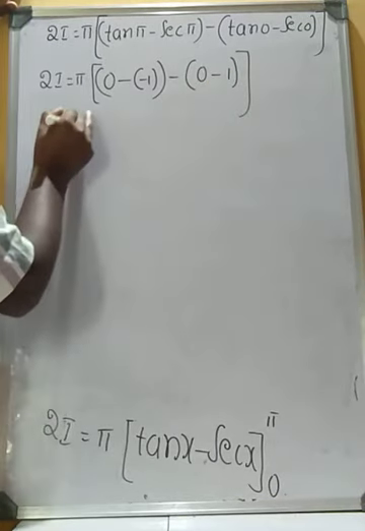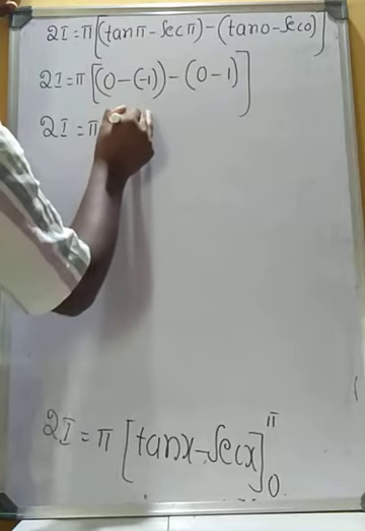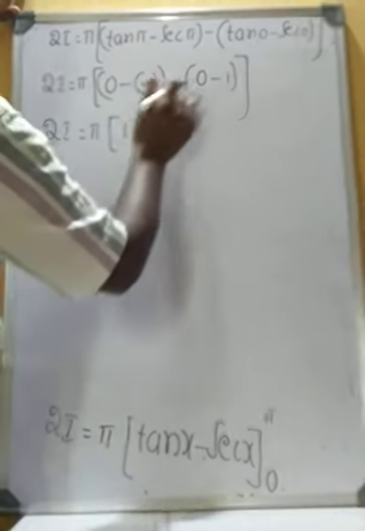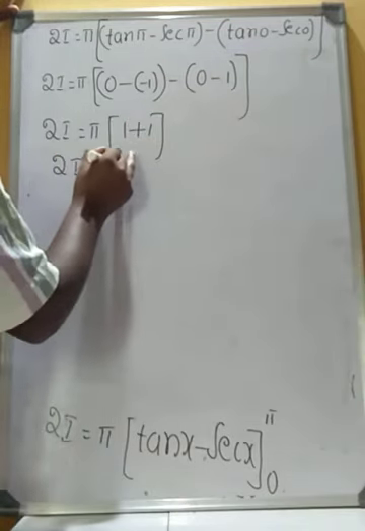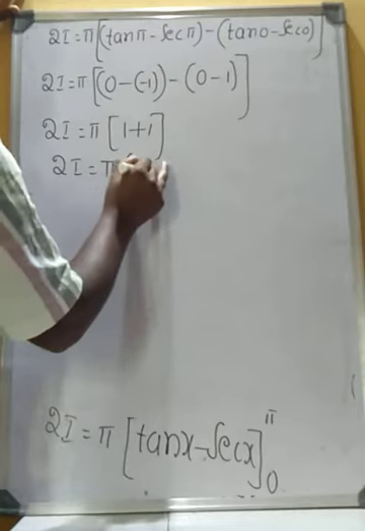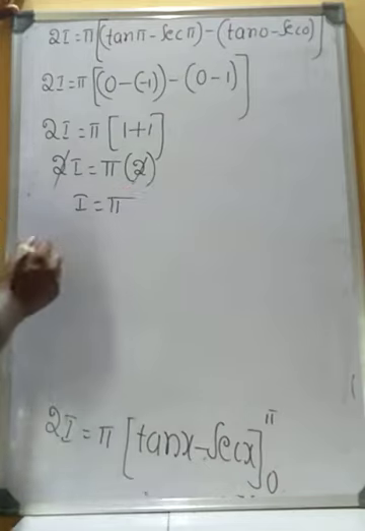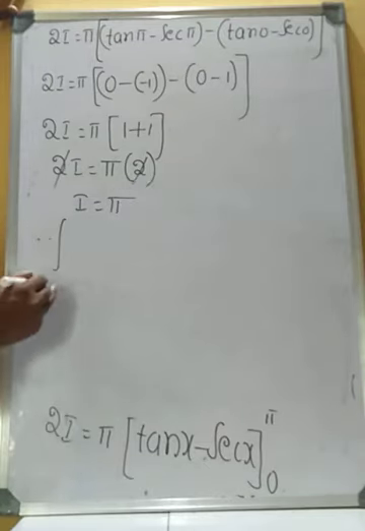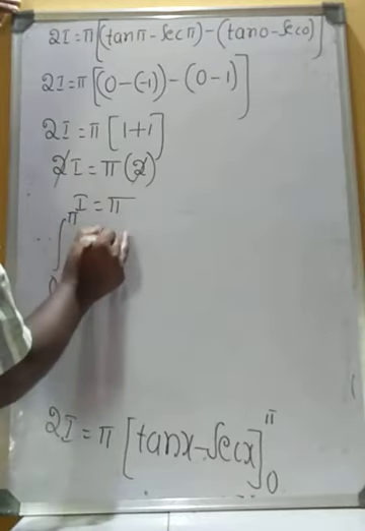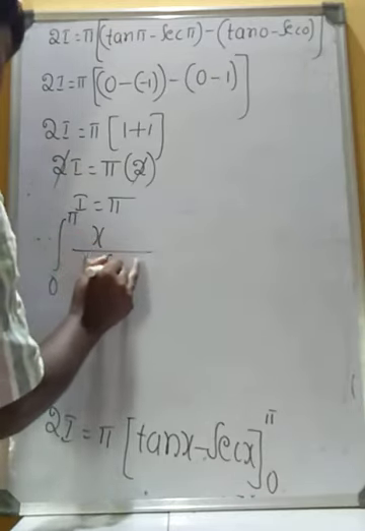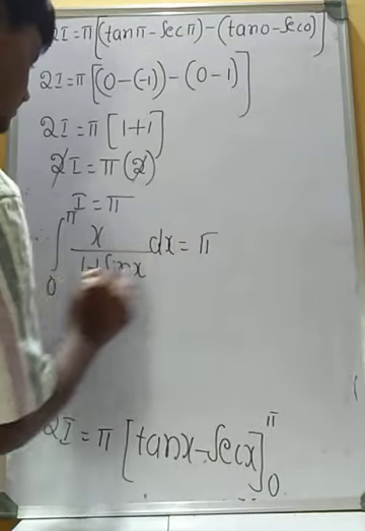So 2I equals pi into (minus of minus 1) minus (minus 1), which is pi into 2. The 2 cancels, so I equals pi. Therefore the integral 0 to pi of x divided by 1 plus sin x into dx is equal to pi.